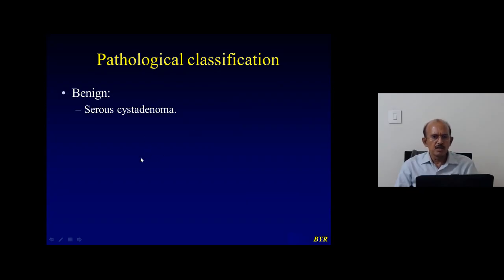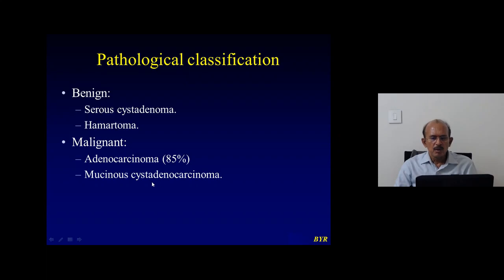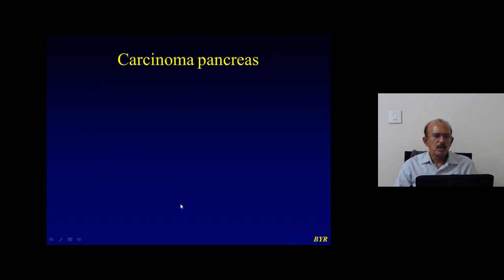Benign is serous cystadenoma, hamartomas, that means like hemangiomas, lipomas. Then malignant tumors, they are adenocarcinoma, mucinous cystadenocarcinoma, anaplastic carcinoma. So this is the classification of the pancreatic tumors.